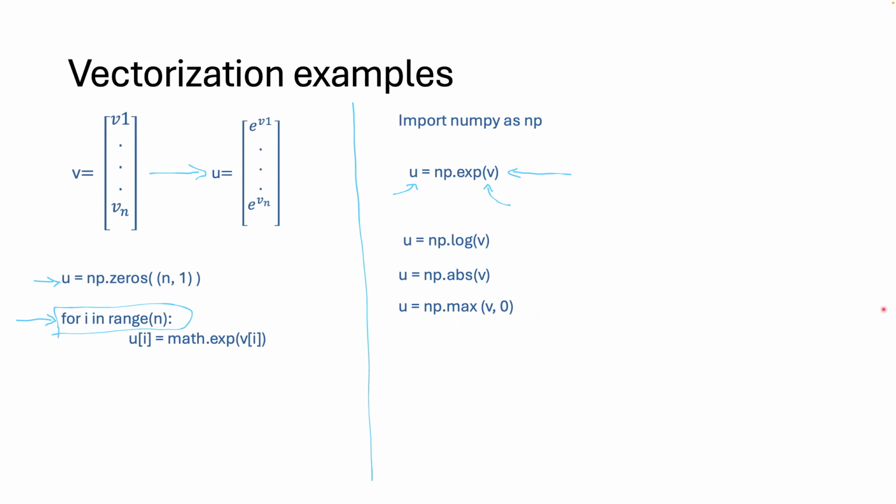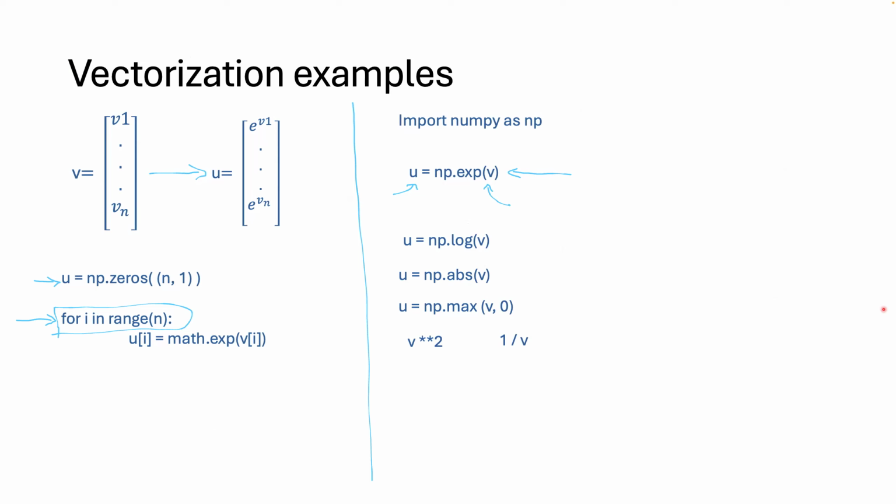And we can also have normal functions like v squared, which is the square of each element, and 1 over v is the inverse, and so on.